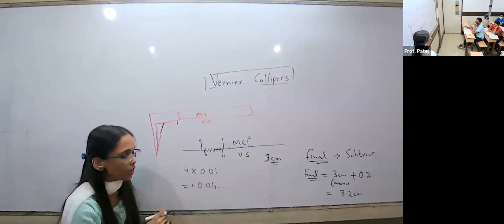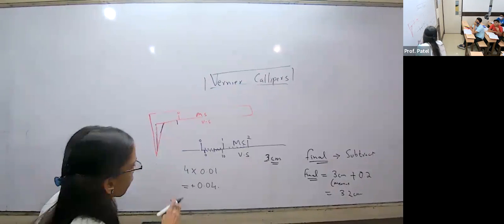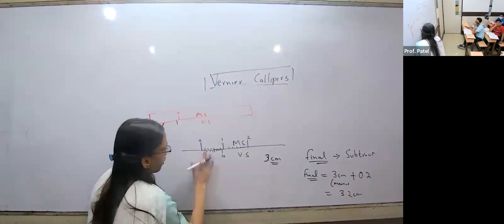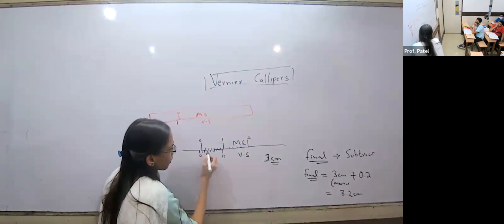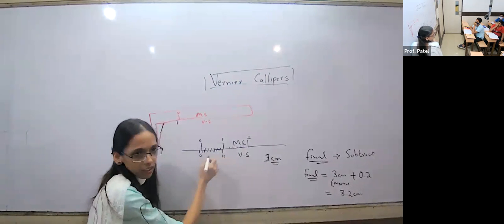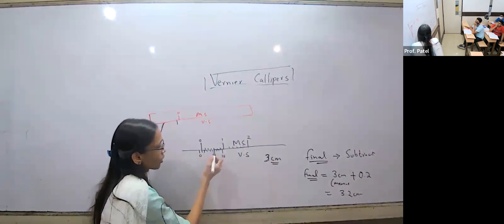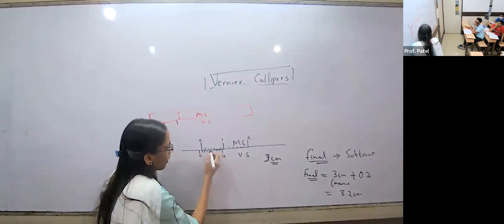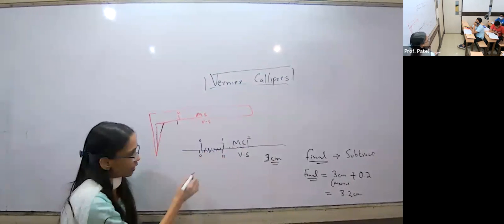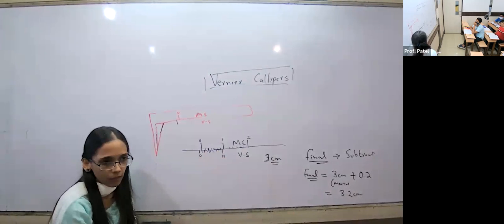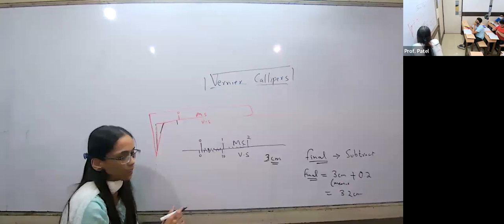But in case of negative error, how do we find out? Let's say 0 is behind. There are 10 divisions, but I'm just randomly drawing, so do not count it. Let's say this one coincides. In negative error, we again see which one is coinciding.